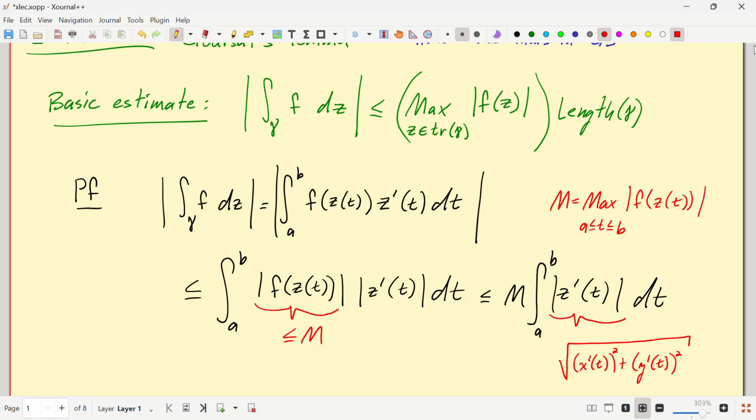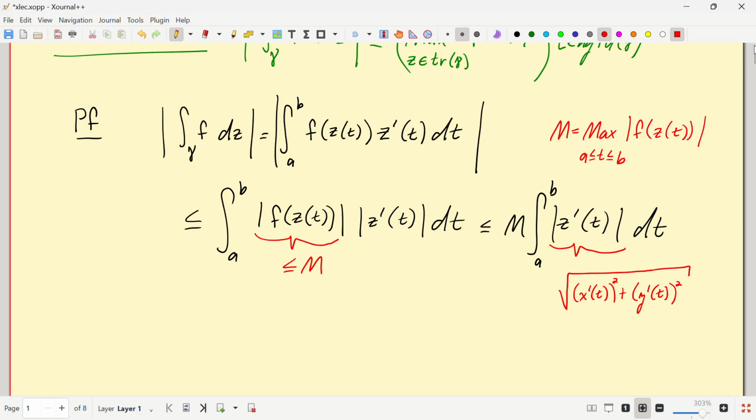So in fact, that's the length. This thing right here is equal to L, the length of gamma as a curve in R2. That's the classic formula you learn in Math 261. And so this whole thing is less than or equal to m times L. Check. So that's a very simple proof. It's just to write down an estimate.